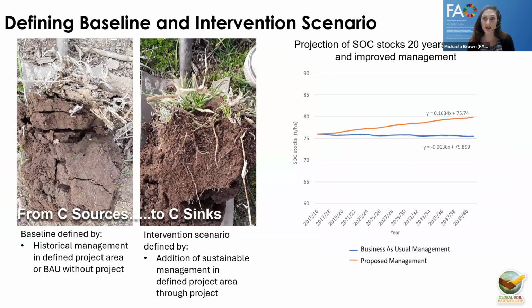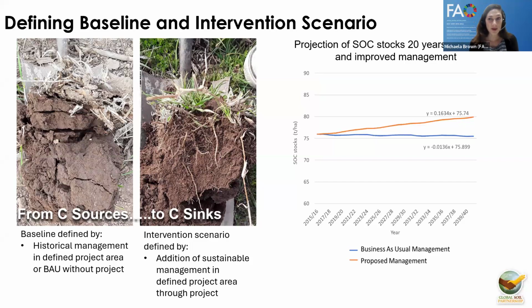Then after defining the specific project areas, we'll define the baseline versus intervention scenario. As stated, the baseline scenario is what would have happened on the project area if the project were not introduced. In this case, the project would be the introduction of sustainable soil management practices.